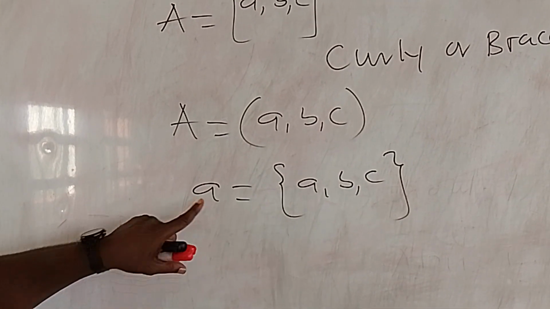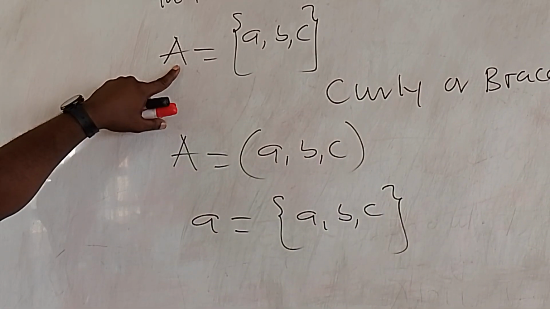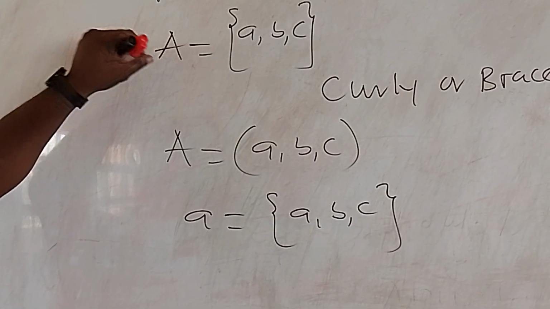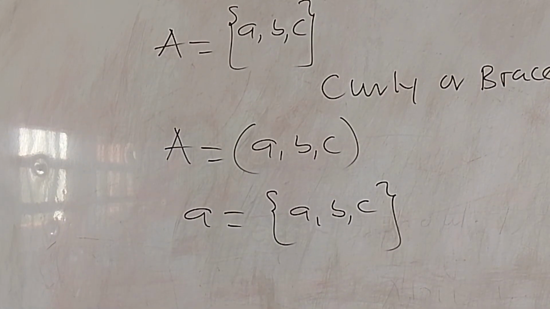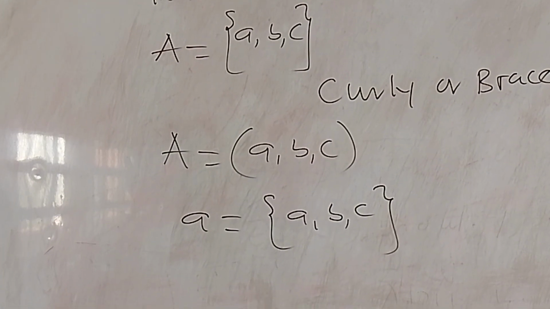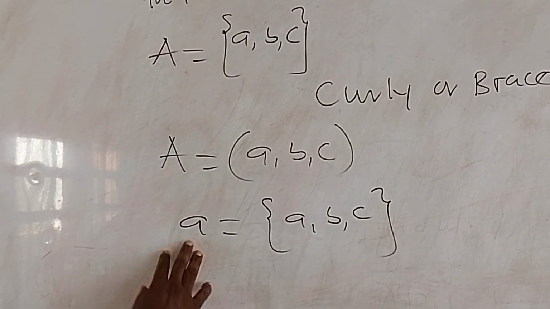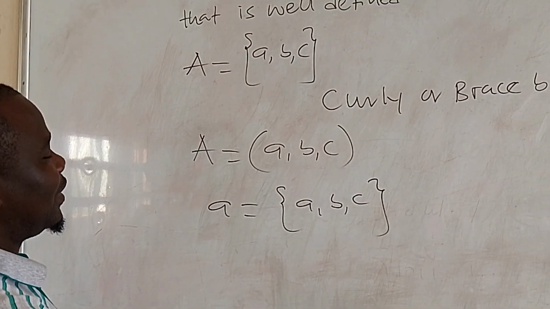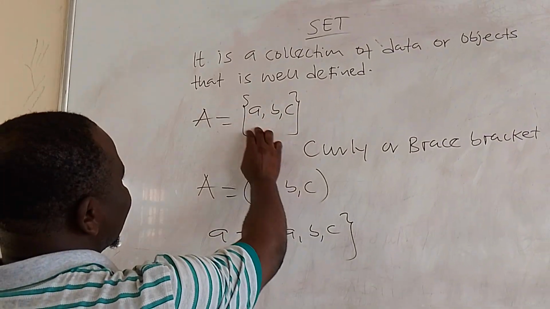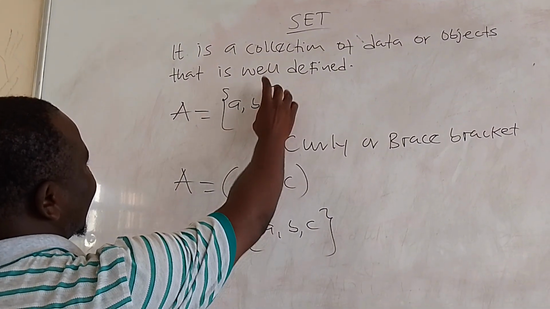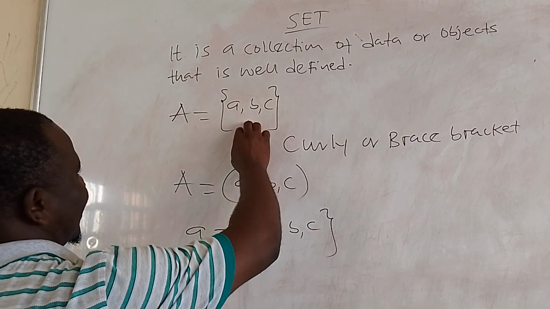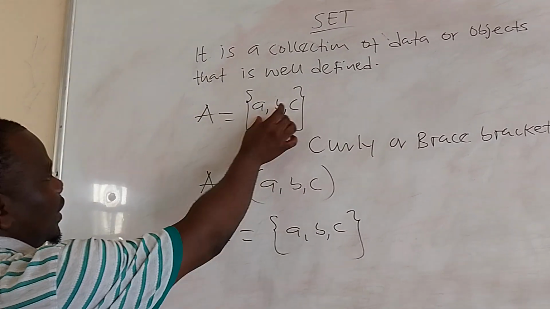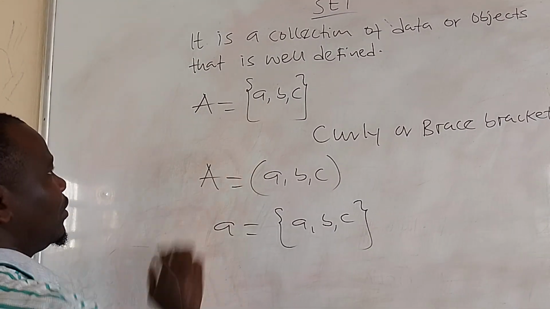A set must be denoted with a capital letter. Are you following? So if you come across something like this, this is not a set. And the items that are inside, we call them elements.